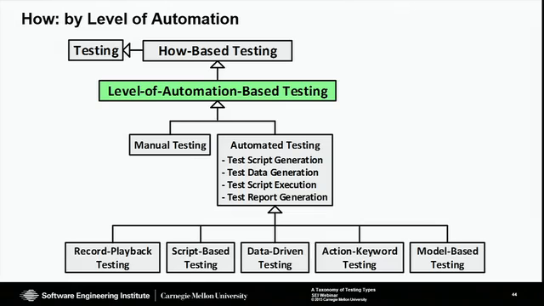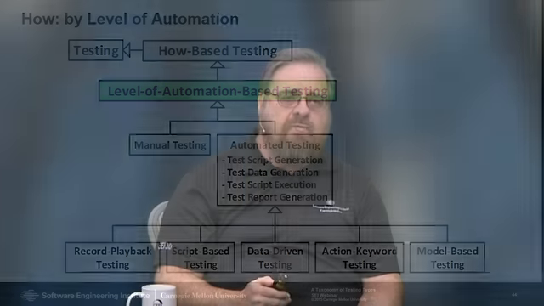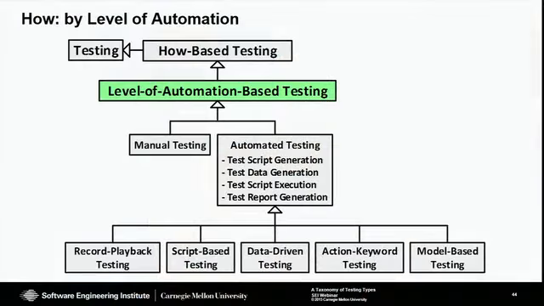And if you look at the very bottom, you'll see almost sort of a historical progression. Initially, a lot of these tools were record and playback, worked at the user interface level. Then you have some script-based testing tools where you use some kind of scripting language and actually write the code of the script yourself as if you were writing test code. You can then have data-driven testing where you are providing data as input to it. You can have action keyword where some of the scripts are basically reused, and you just use names of scripts instead of the actual scripts.